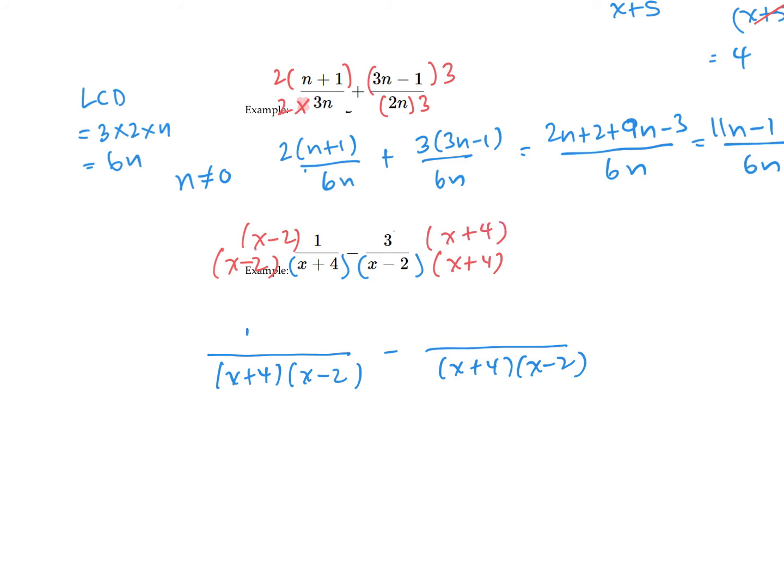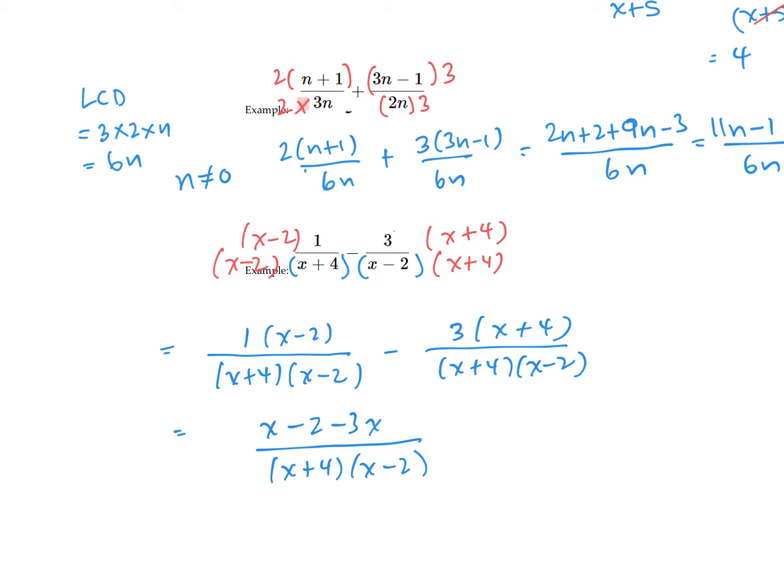So in this term, we would have the 1 times x minus 2, and we'd have the 3 times x plus 4. So in the numerator, I'm going to expand, so x minus 2 minus 3x minus 12. Don't forget this negative is going to apply to both terms.